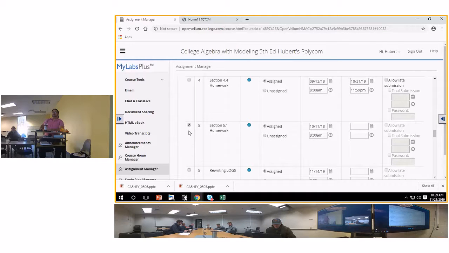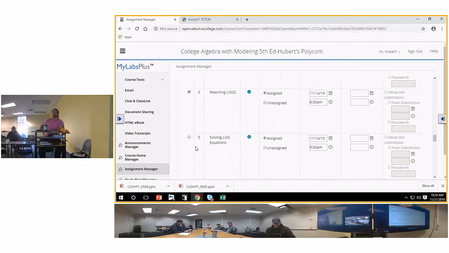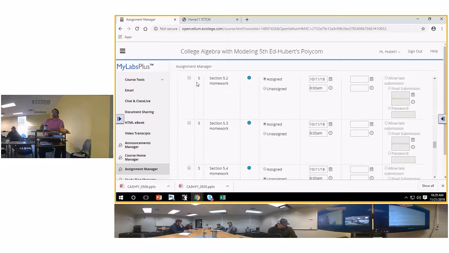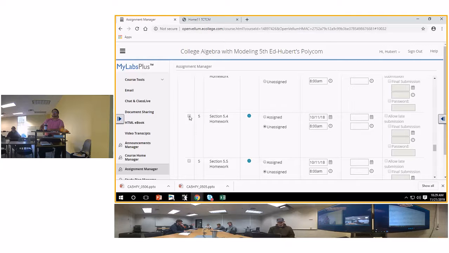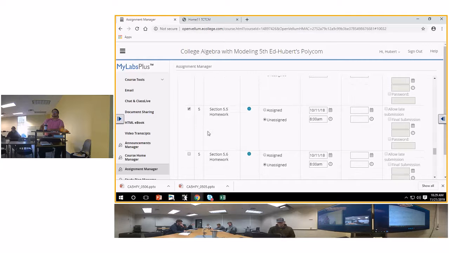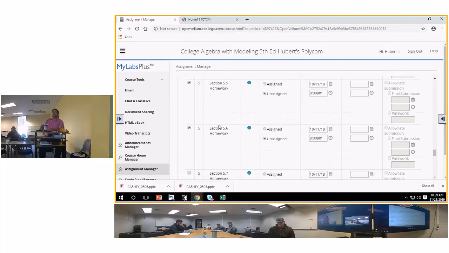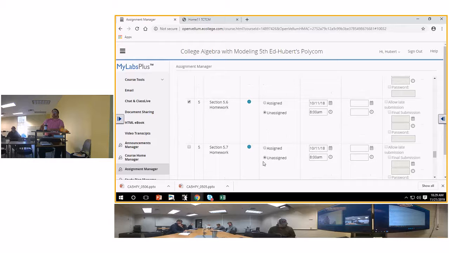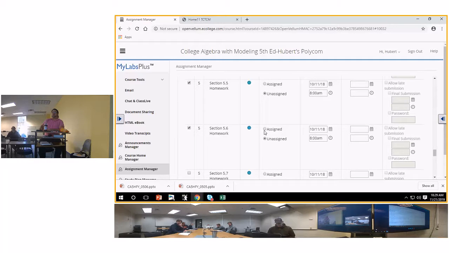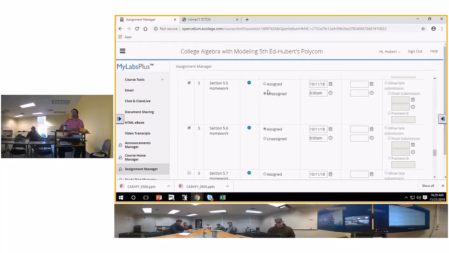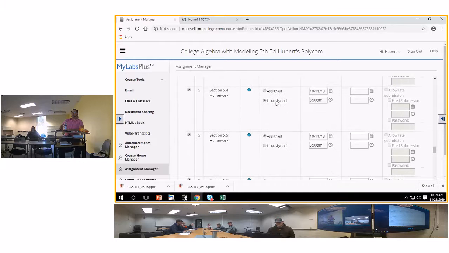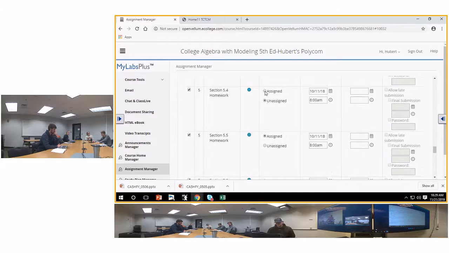5-1, 5-2. It's all rewriting. 5-3, 5-4, 5-5, and 5-6. Unassigned. Oh, I already unassigned. I don't think we covered 5-6. I thought we just did 5-5.